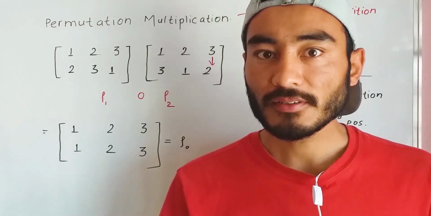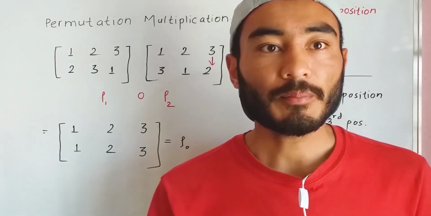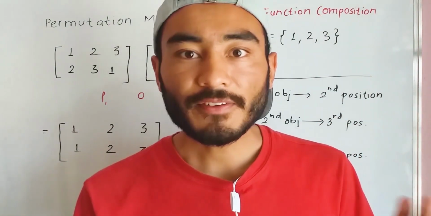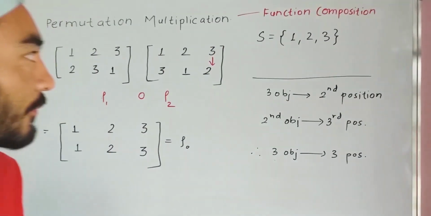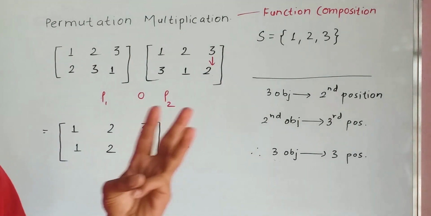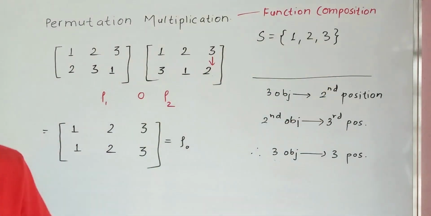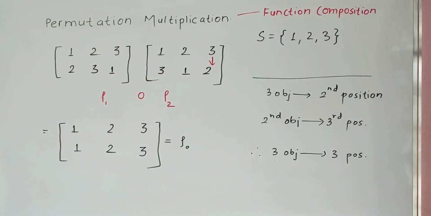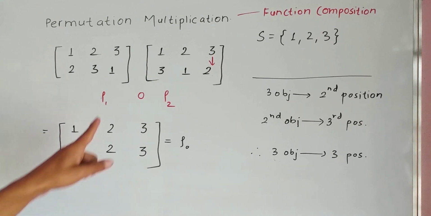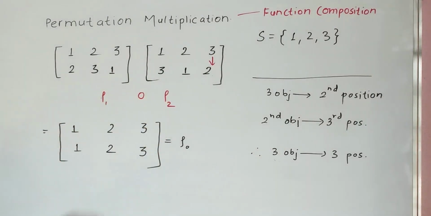Permutations are functions and therefore permutation multiplication is nothing but a function composition. Let S be a collection of three objects 1, 2, 3 and let these two be permutations of S. Formally they are known by the name rho 1 and rho 2.